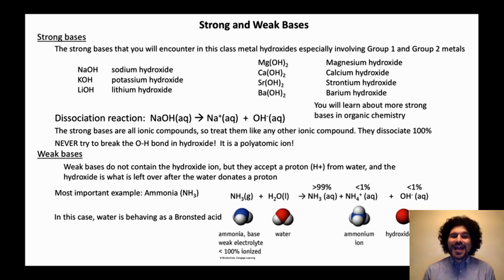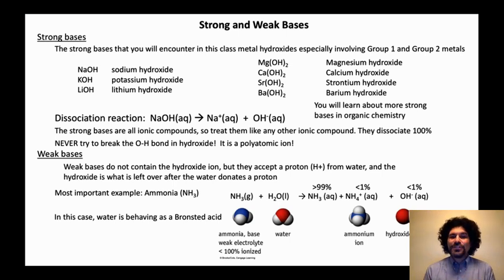So if you take gaseous ammonia and dissolve it in liquid water, what you get, greater than 99% again of that ammonia stays NH3 and just becomes an aqueous solution. But a small amount of it is going to accept a hydrogen from H2O. So that H2O will actually do the dissociation. In this case, water is behaving as a Bronsted acid.